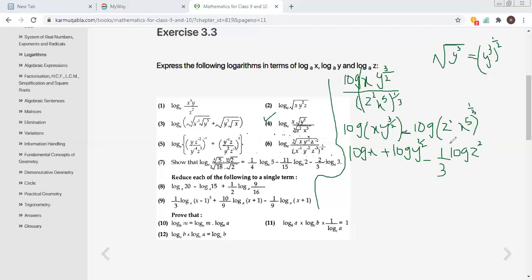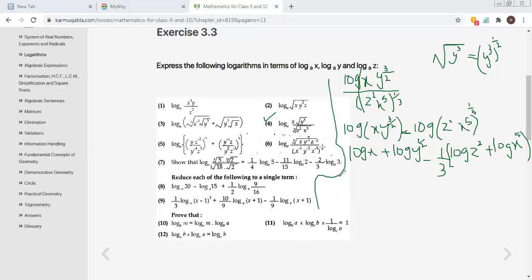Okay, I am not multiplying right now, 1/3 with the whole bracket, and then plus log x of y. Is there any confusion, Ayesha? No, miss. Okay.